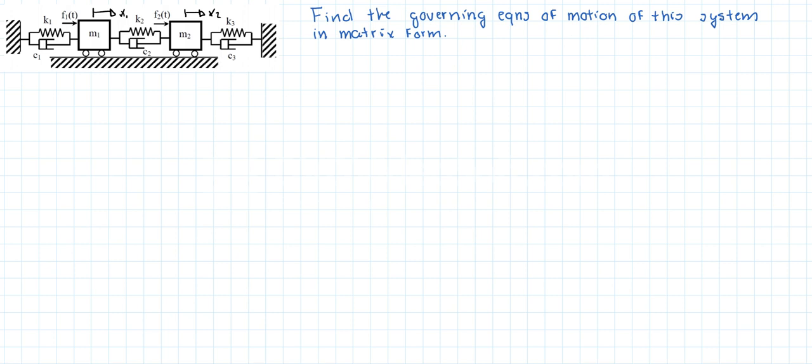So last time we started out by writing the degrees of freedom. We have two of them. When we're looking for the matrix form of the governing equations, it should look something like this.